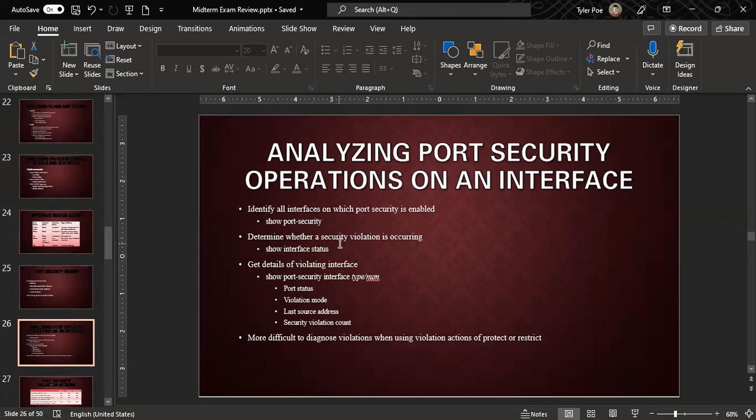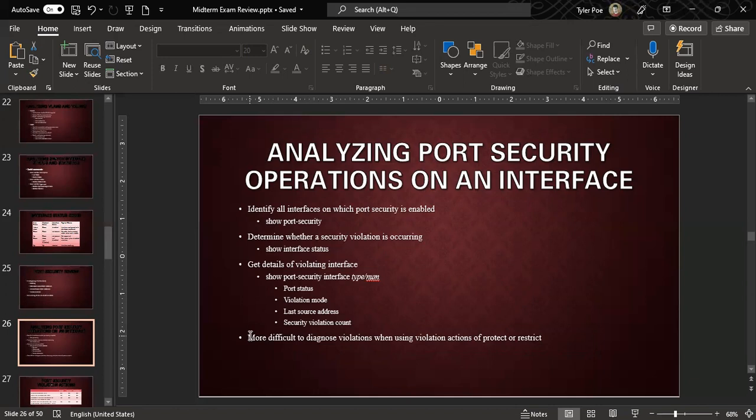With show port-security interface, and then the interface name, you can see a bunch of details on violating interfaces, basically ports that an attacker tried to access but port security shut down. You can see the port status, the violation mode, the last source address of the hacker, and the security violation count, like if the hacker tried multiple times or multiple hackers tried.